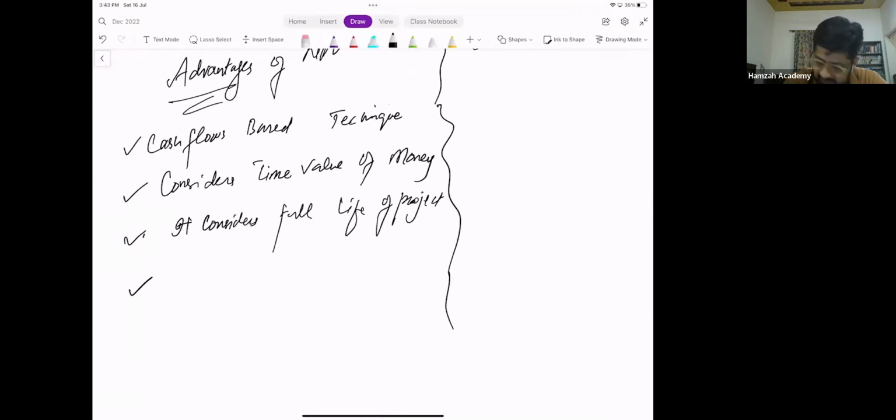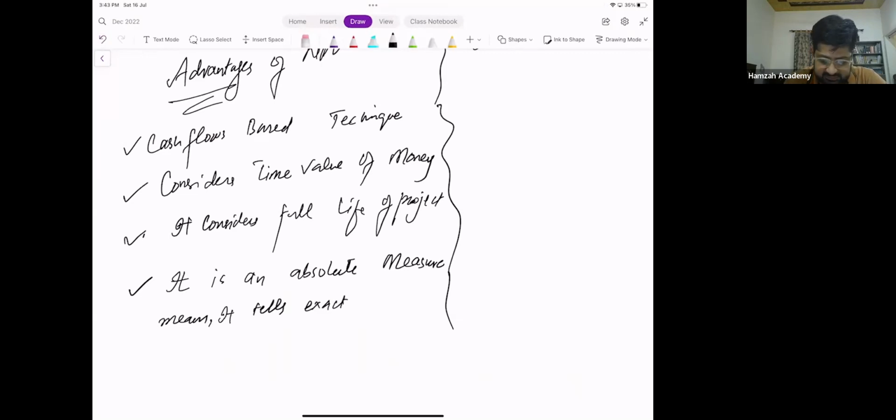Next, it is an absolute measure, which means it tells the exact increase or decrease of shareholders' wealth due to a project.